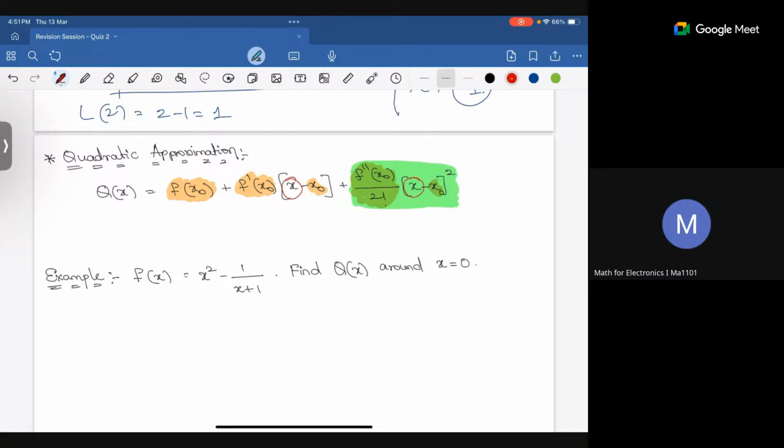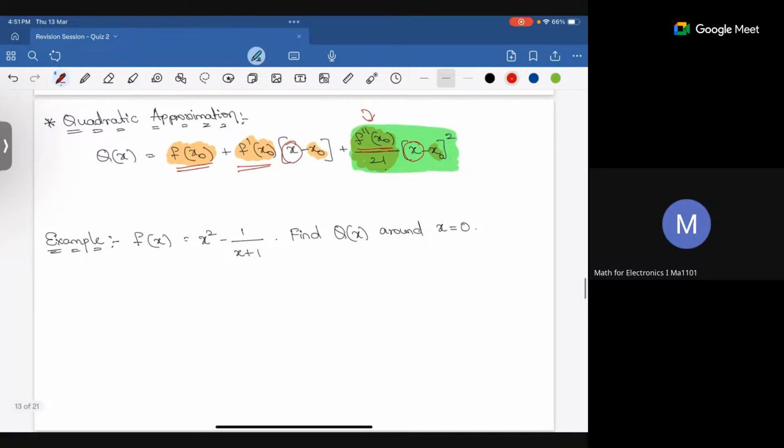Okay. So quadratic approximations are better than linear approximations, but the cost is you have to compute more. So the computational cost is higher. In linear, you just have to compute this and this. But in quadratic, you also have to compute the double derivative at that particular point. So for example, again, you have the same function.